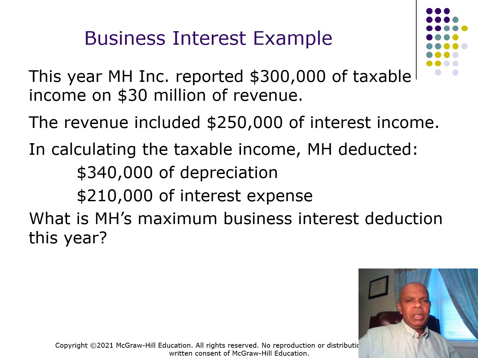Okay, here we have an example. Let's say this year MH Inc. reported $300,000 of taxable income on 30 million of revenue. So in 30 million of revenue, you got $300,000 of taxable income.